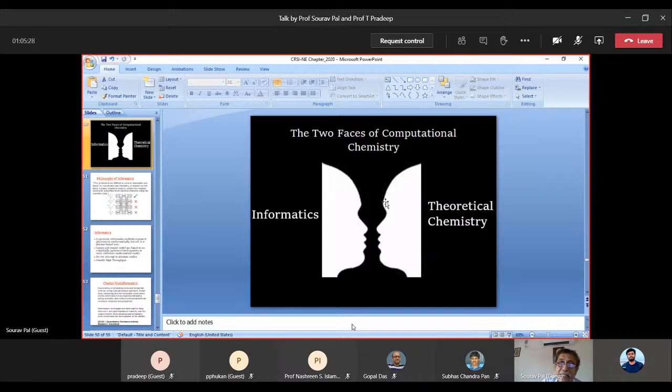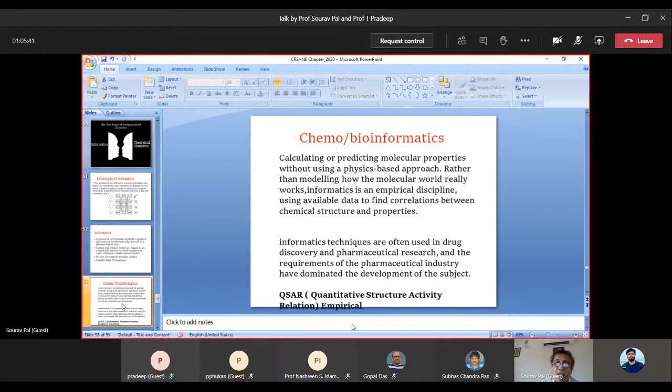And these are the two phases of computational chemistry, theoretical chemistry as well as informatics. I think it's very important. I'm not talking about informatics. A lot of people are working on chemo as well as bioinformatics methods to generate several things. But they are not a physics-based approach. That is very important to realize.